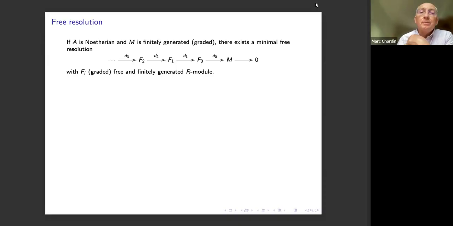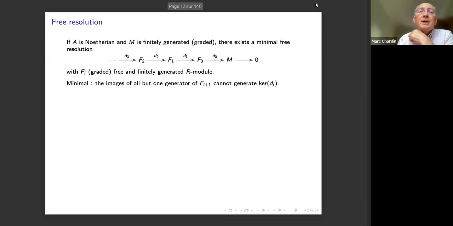By minimal, I just mean that if you drop one of the generators of one summand, for instance drop a generator of F_{i+1}, the images do not generate F_i anymore. So it's a weak notion of minimality, corresponding to the usual notion if A is local, but this always exists over a Noetherian ring, even if you're not local.